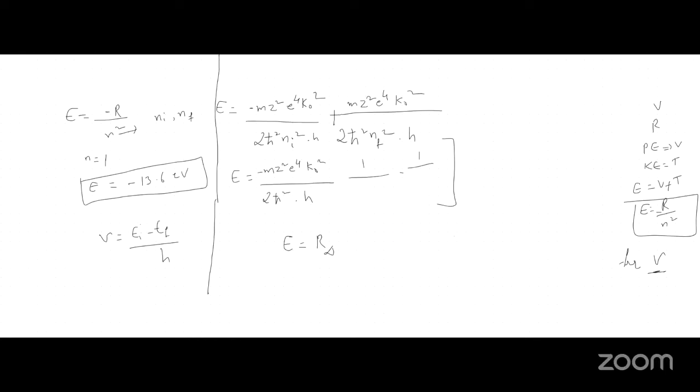So making plus here, this is nf square minus ni square, positive, that is 1 by nf square minus 1 by ni square. This value is... we also have c here, so this is not energy, this is frequency.